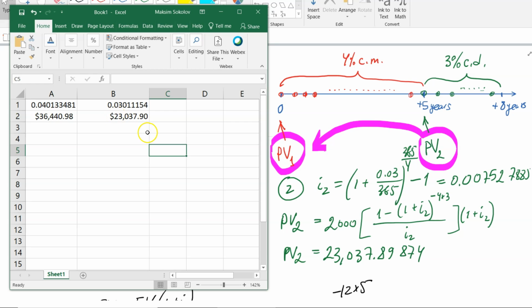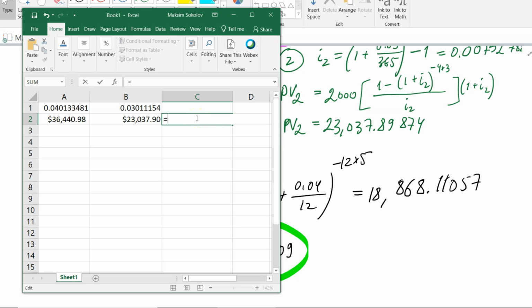We obtained 23,037.90 rounded to 2 decimals. However, keep in mind that Excel keeps all necessary decimals. Present value 3 is found as a regular present value, but we use the same function PV. First comes the rate, which is 0.04 divided by 12 for periodic rate. Number of periods in the first period is 12 times 5. Payment is 0 because that's not an annuity calculation.